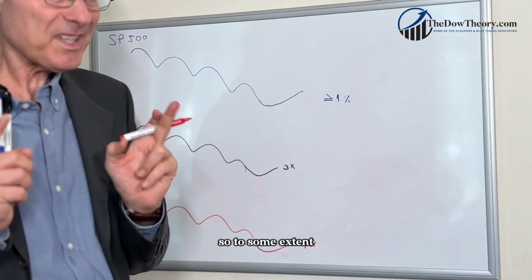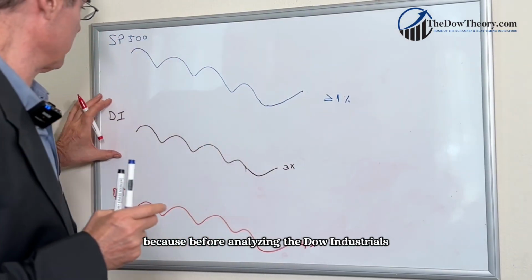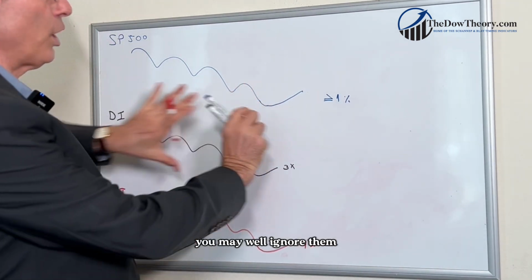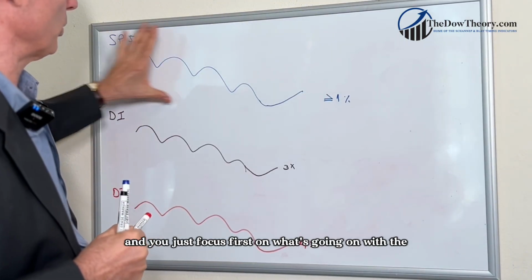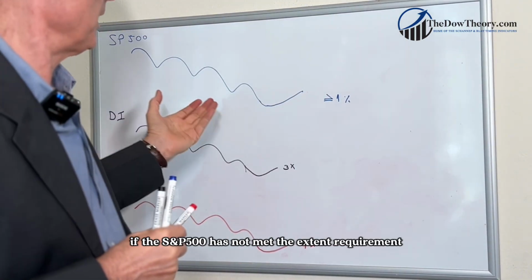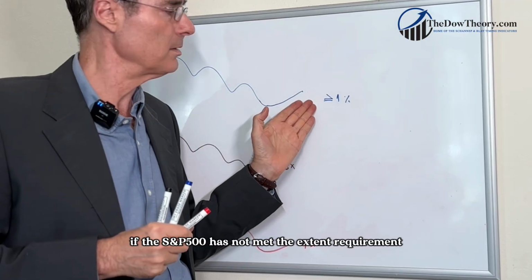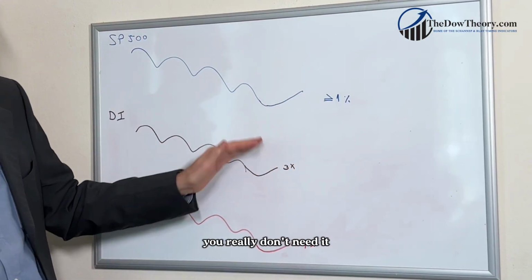So, to some extent, it is easier than the classical Dow theory because before analyzing the Dow Industrials and the Dow Transportation, you may well ignore them and you just focus first on what's going on with the S&P 500. If the S&P 500 has not met the extent requirement, at least 3%, then you may ignore what's going on here. You really don't need it.